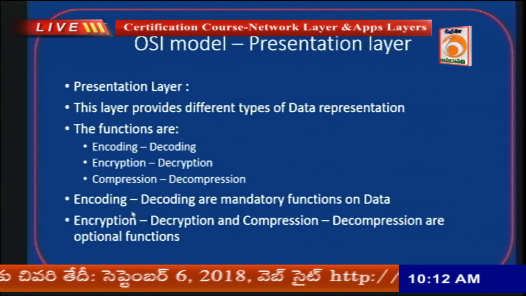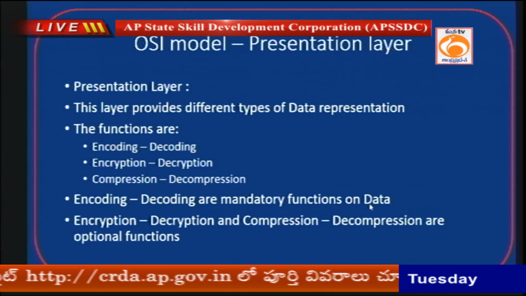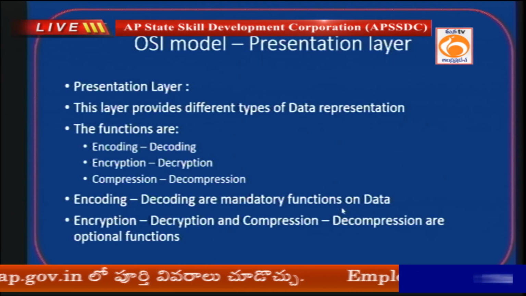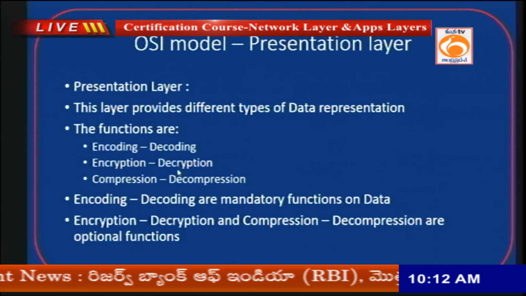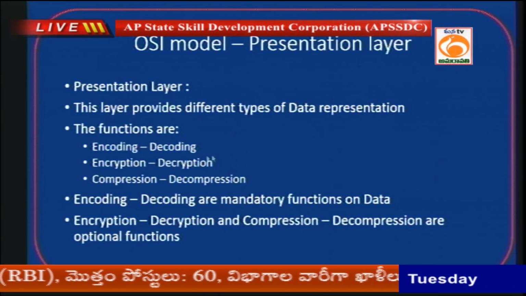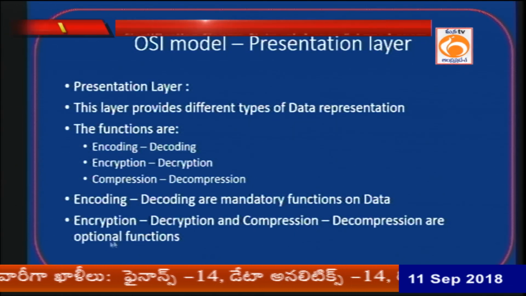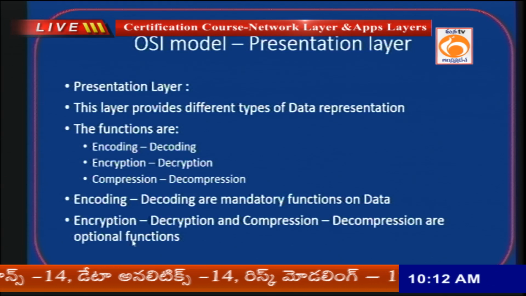So, encoding and decoding are mandatory functions on the data, which must be performed for every data packet. Whereas the other functions like encryption and decryption, and compression and decompression, are basically optional. They may be required or they may not be required for all the applications.